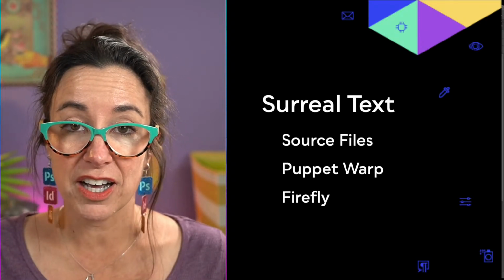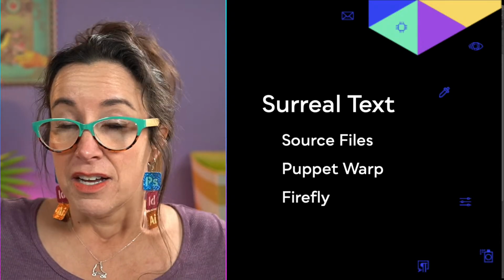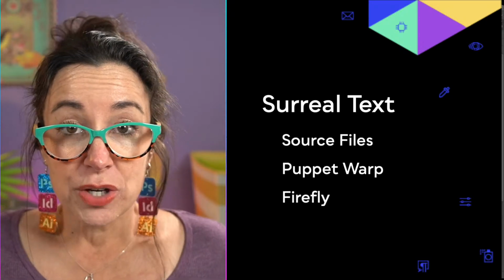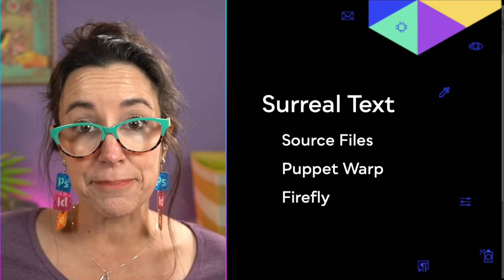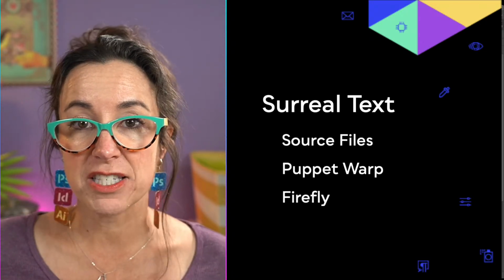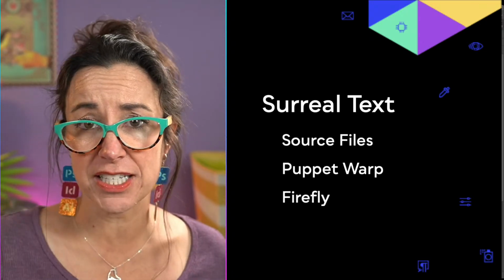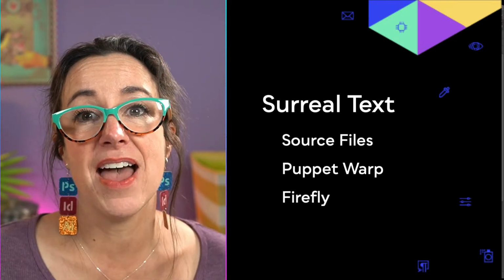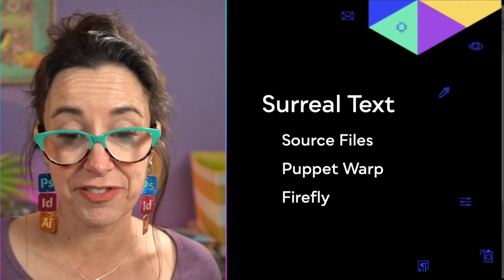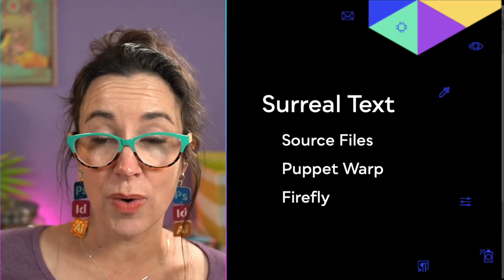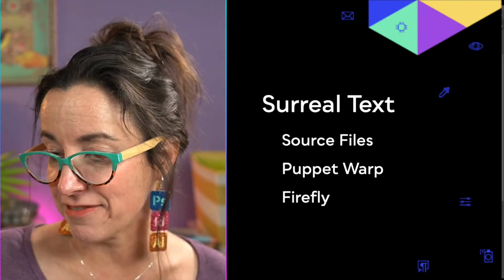As long as you are a Creative Cloud member or subscriber, you can access those assets and license them for free. So there's a link to one of those files below. And we're going to talk about Puppet Warp, and then hopefully we can have some time to explore Firefly, which is just another way that you can get into this stuff.